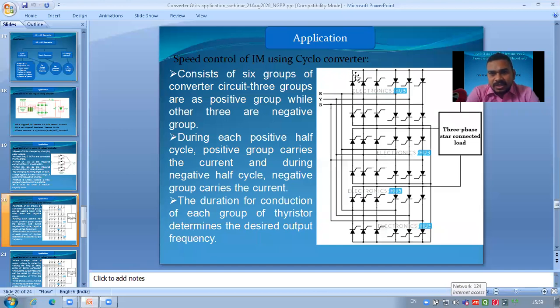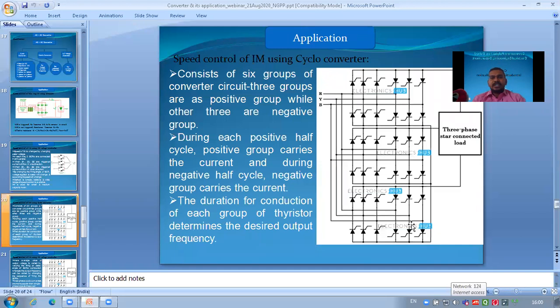So we have 1, 2 and 3 for positive, and 1, 2 and 3 for negative.